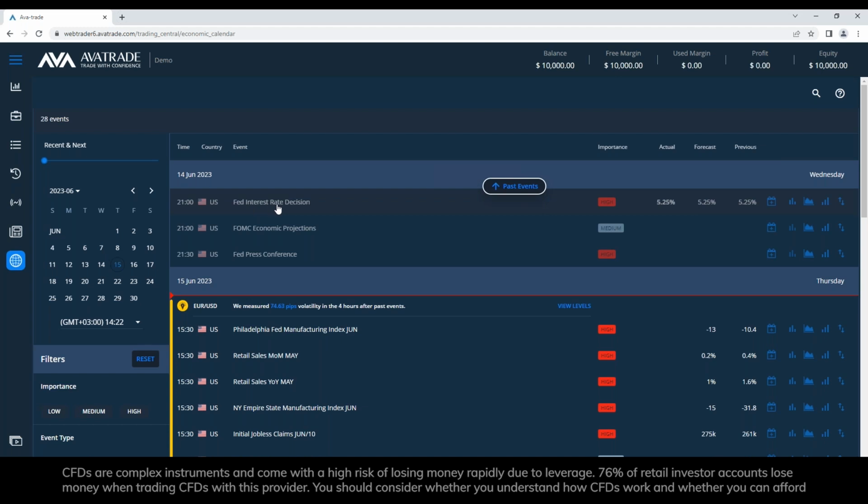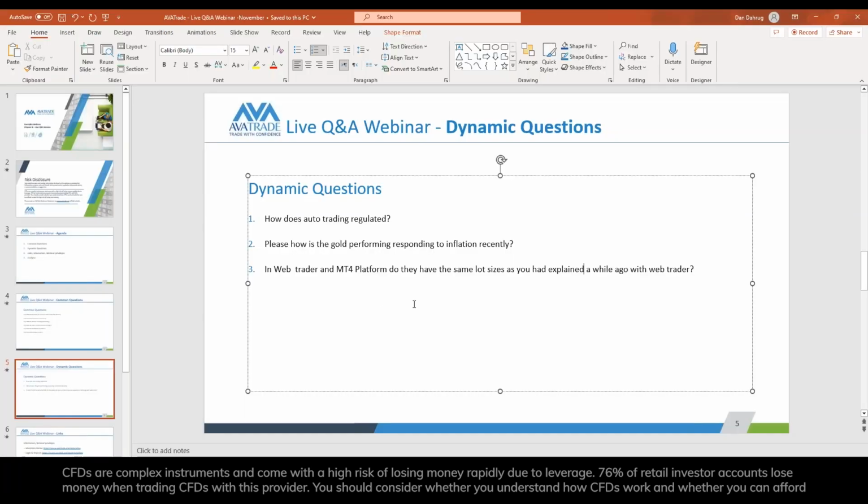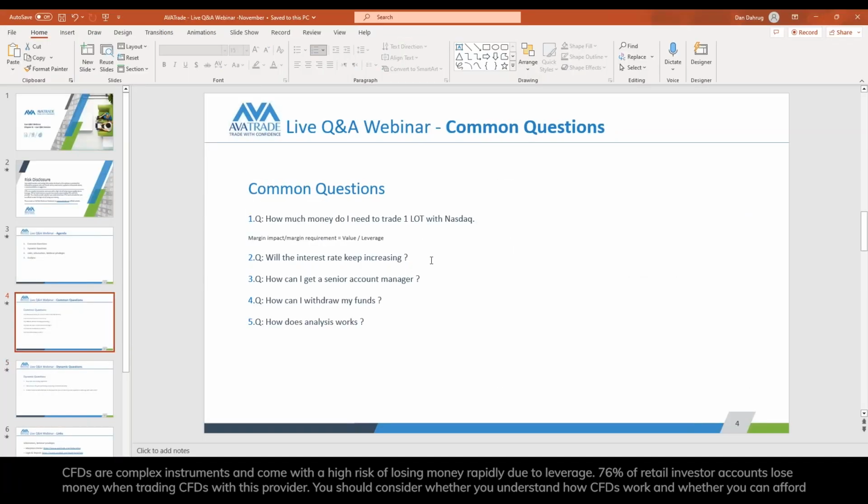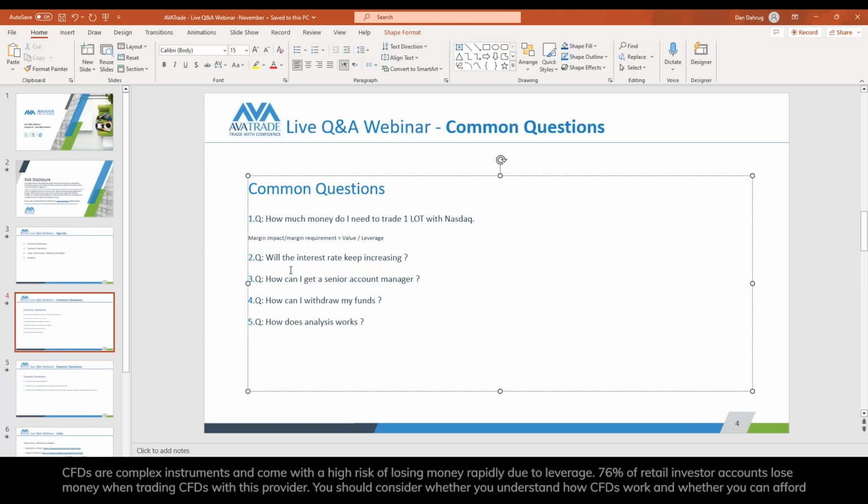Whoever asked about the interest rate, this is the decision. It was 525. The forecast was that it would stay the same, and it indeed stayed the same. So if this question is referring to the future, I couldn't possibly know. If it's referring to what we had yesterday, the answer is no.